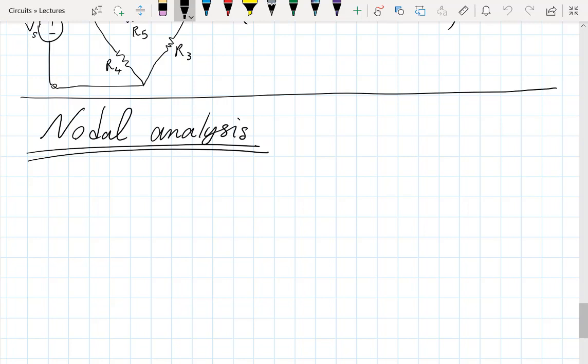So not entirely, but more or less. If on the other hand I say, no, I prefer to find currents first and then use the currents to find voltages, that's essentially mesh analysis, again with a caveat. Because the voltages that you use in nodal analysis are not the element voltages, but they are the node voltages. And the currents that you use in mesh analysis, they're not the element currents, but they are what you call the mesh currents. Okay, but that's it.